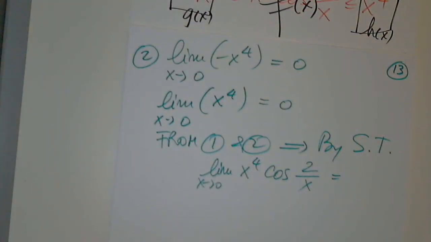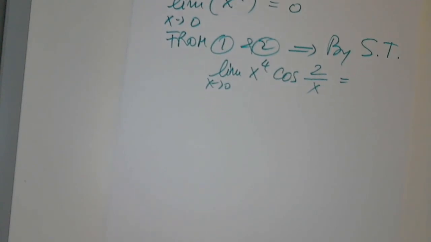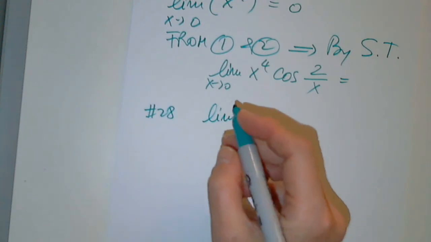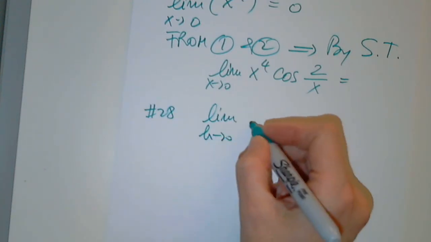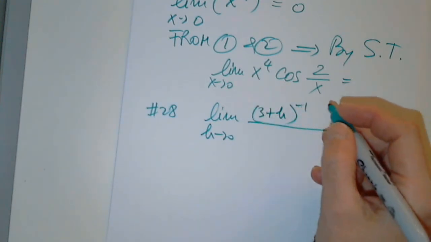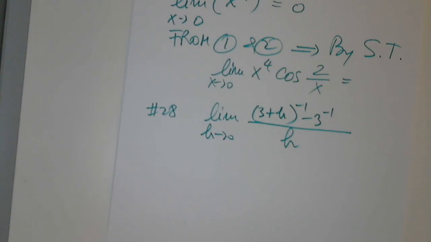Okay, fine. You may have time to look at 26 and 28. Okay, so in 28, we have the limit as h approaches 0 of 3 plus h to negative 1 minus 3 to negative 1, divided by h.